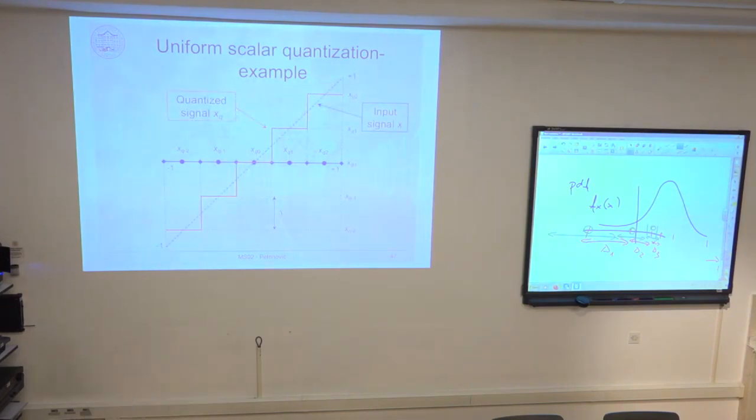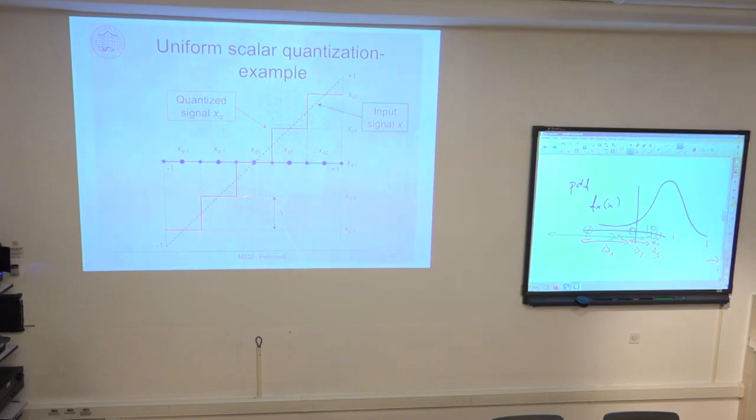So it shows here, this dashed line is the real value, the unquantized value of the input signal from -1 to +1. And the red line represents the quantized value. So this whole range from -1 to -0.6 is represented as -0.8.